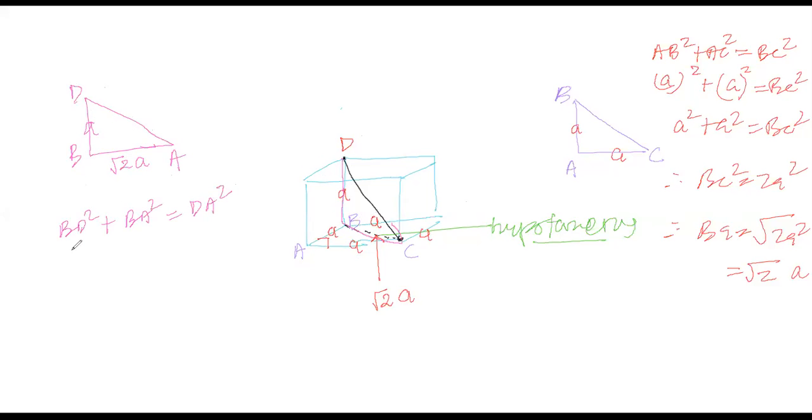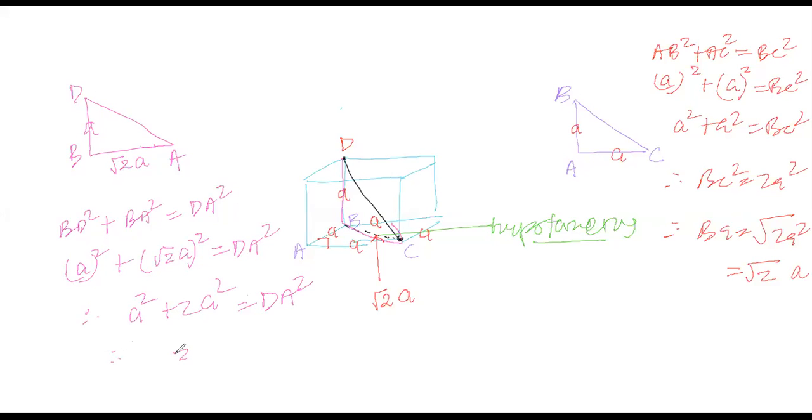Now what is your value of BD? BD is A to the power 2. Then BA is square root of 2 into A to the power 2, is equal to DA square. Therefore, A square is A square, square root 2 square is 2, and A square is A square, is equal to DA square, my dear students.